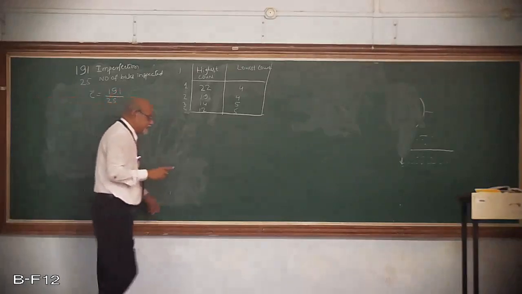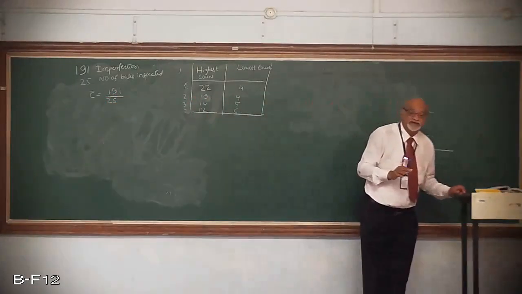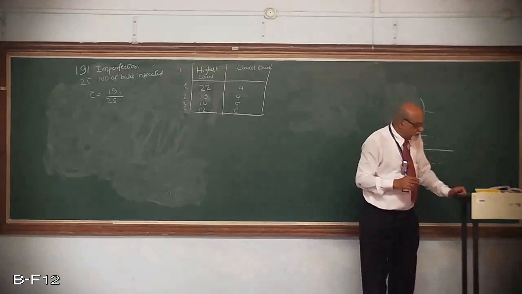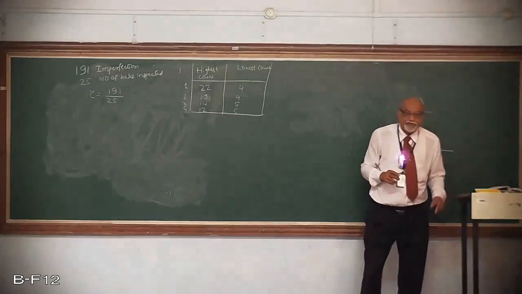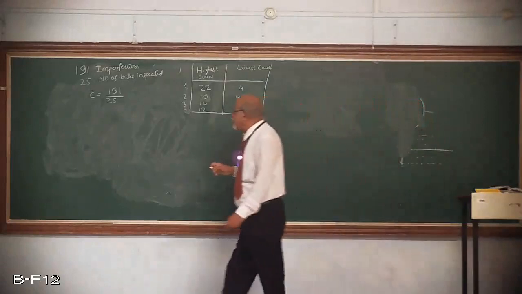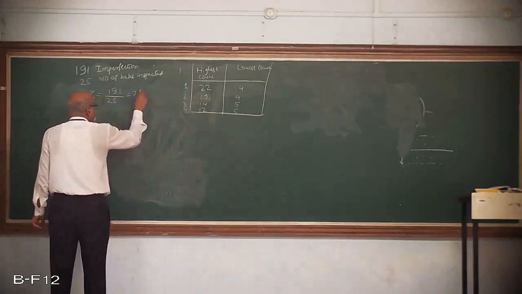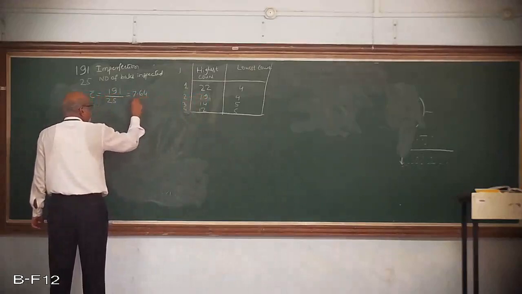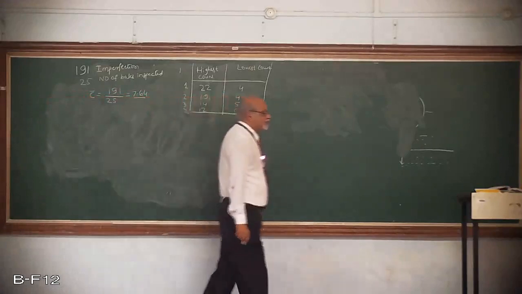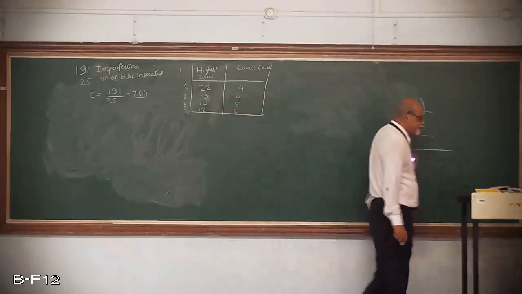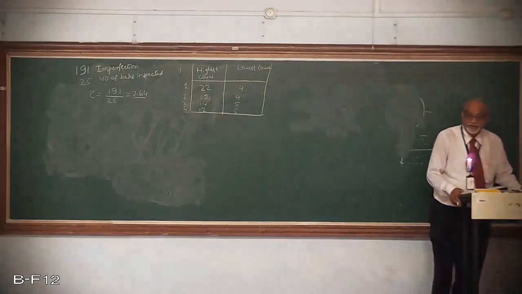We are interested in finding out per bale how much on an average we can expect. That is 191 divided by 25, which works out to be 7.64. So on an average, we are going to expect 7.64 imperfections per bale.